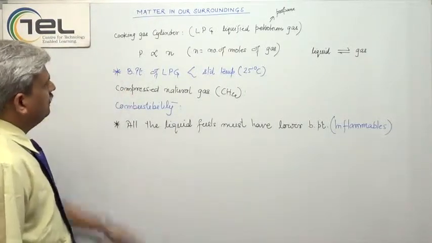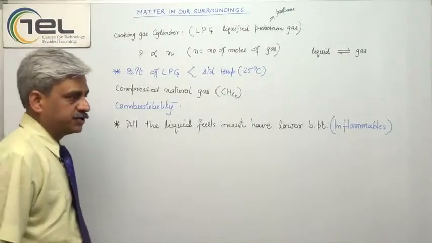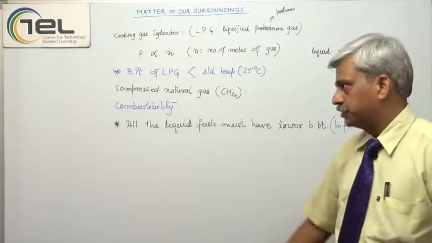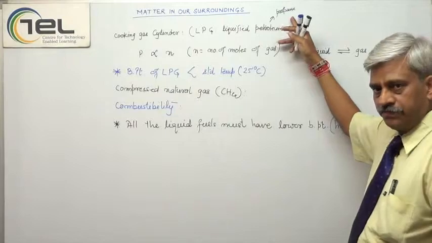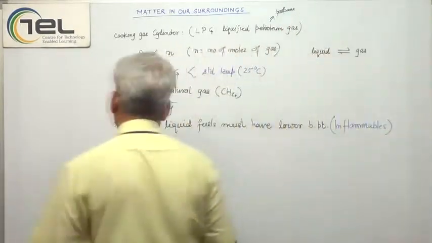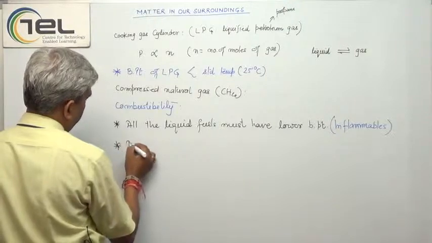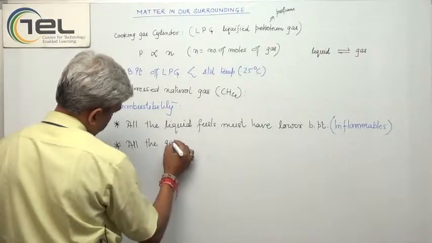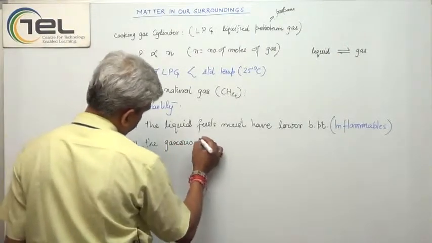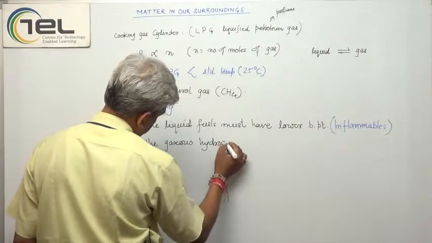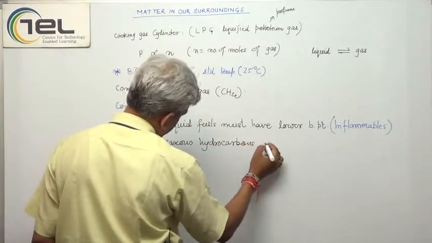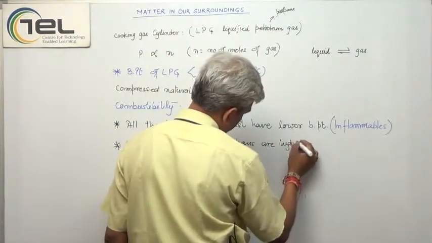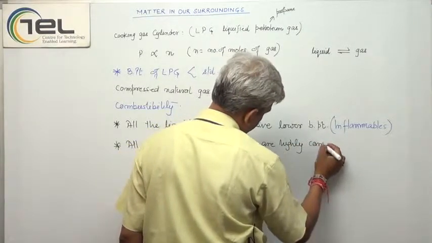In case of gases, how to identify whether a gas is combustible or non-combustible? You must understand that all the hydrocarbons are combustible in nature. This is a hydrocarbon, this is also a hydrocarbon. So another conclusion is that all the gaseous hydrocarbons are highly combustible.